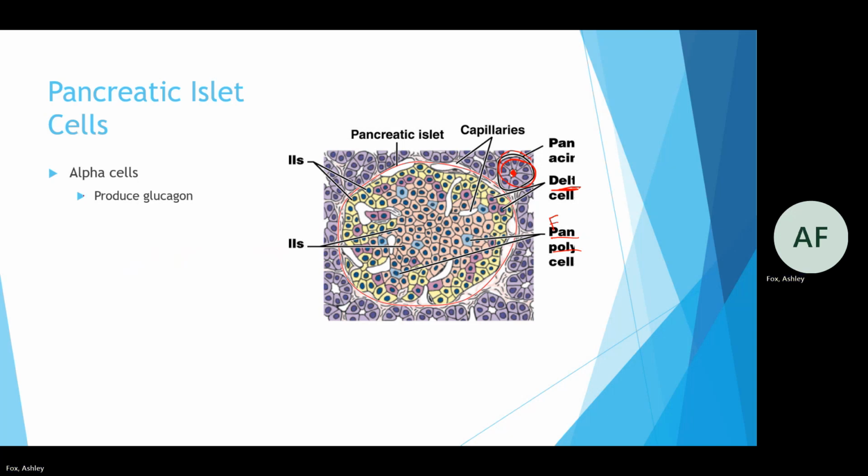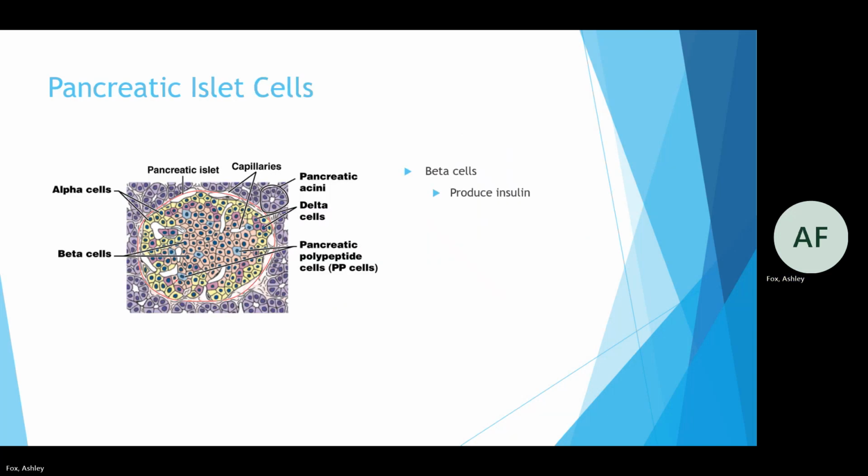Alpha cells make glucagon. Remember, glucagon has an A for alpha. So alpha makes glucagon, and beta cells make insulin.